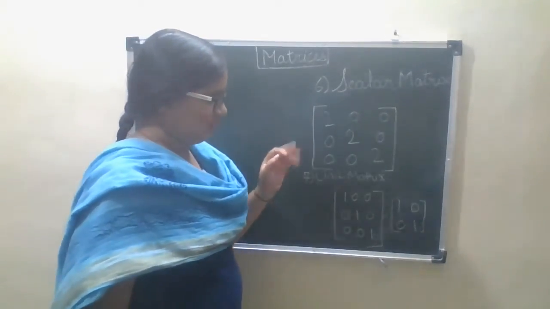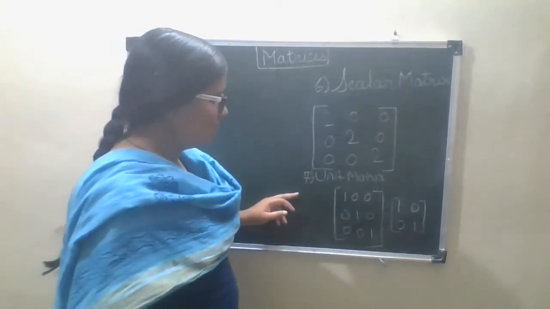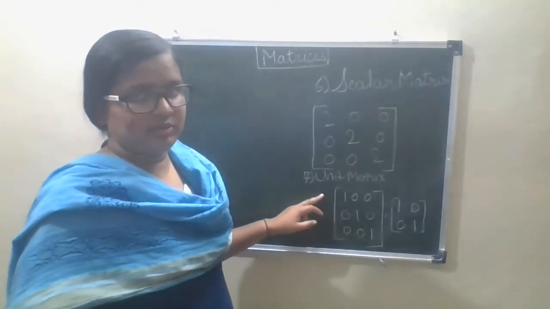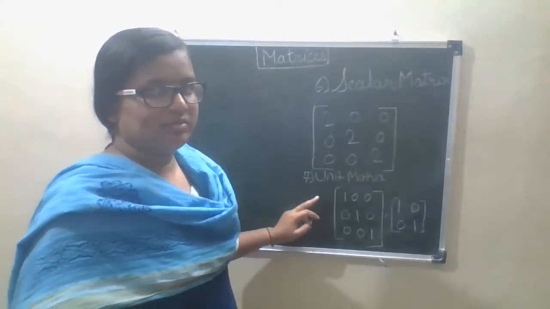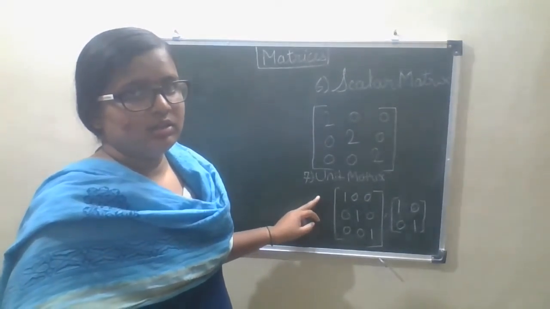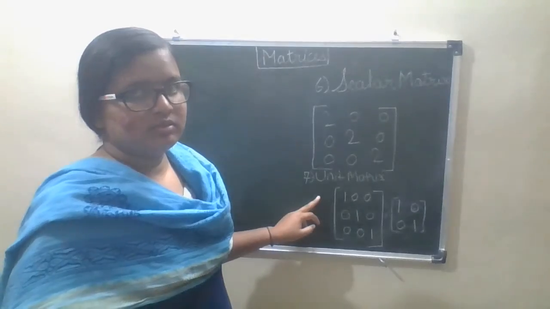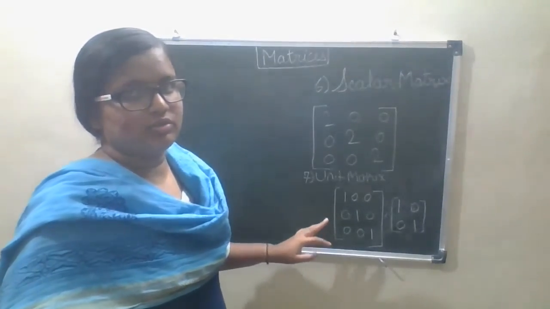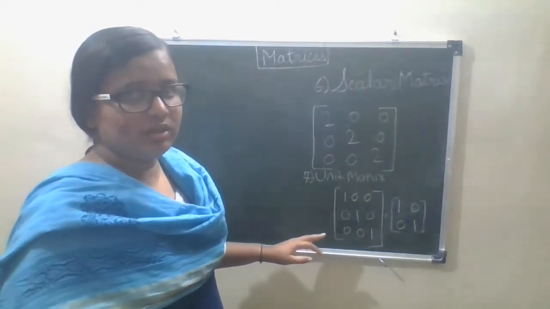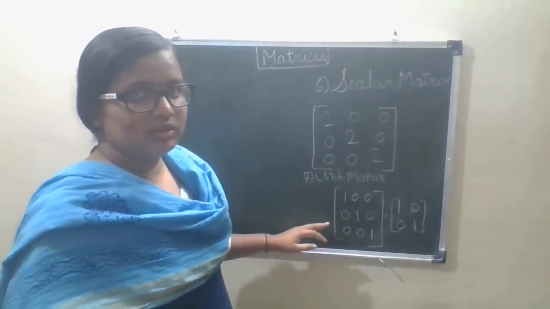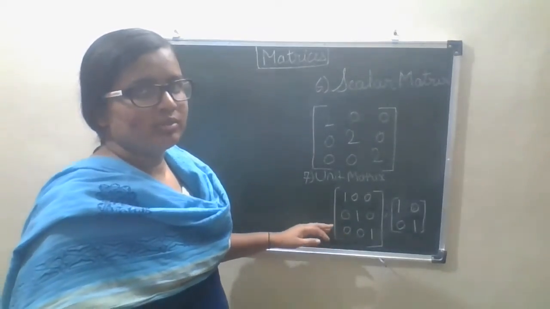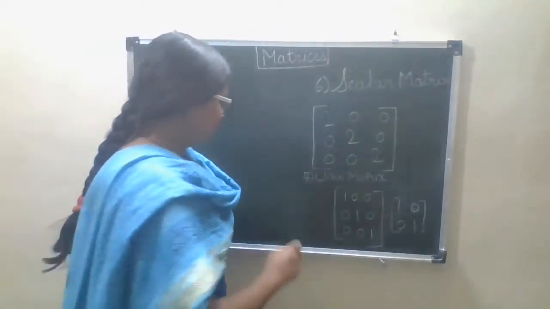If they are the same digits, it is called a scalar matrix. Now, what is a unit matrix? A unit matrix means one which has only the number one at the diagonal positions: a11, a22, a33.